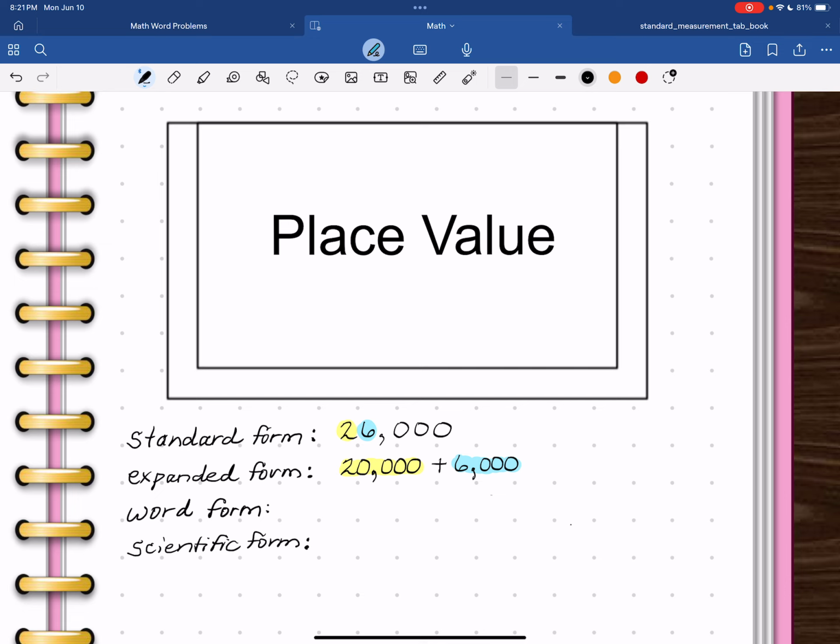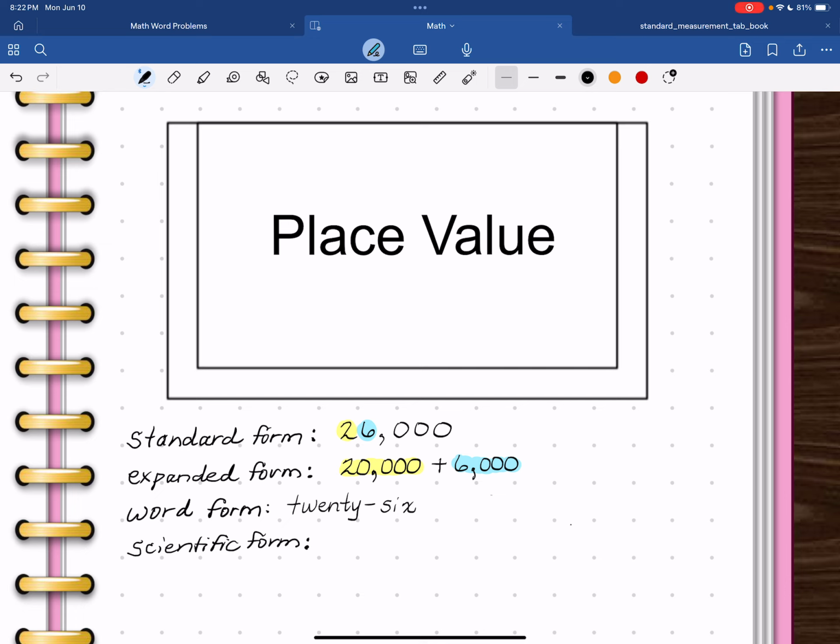So I started to build that concept of expansion at this point. How would you read this form? What would you say if you were reading that aloud? Well, that's a 26. And I taught them that any number less than 100 should have a hyphen if it's two words. 26, what?